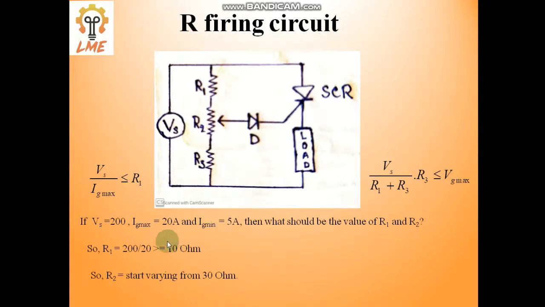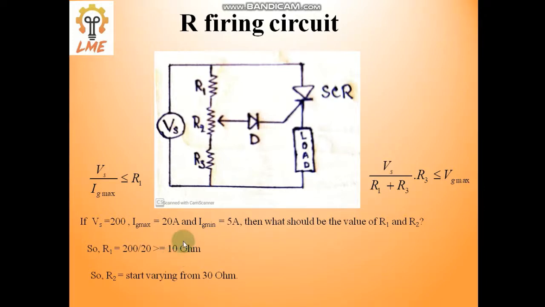But if the R1 value is less than 10 ohm, suppose we assume R1 is 8 ohm, then how much current is passing? 200 by 8 means 25 ampere. So 25 ampere will pass through this circuit, which is more than Ig max, so it will be damaged.